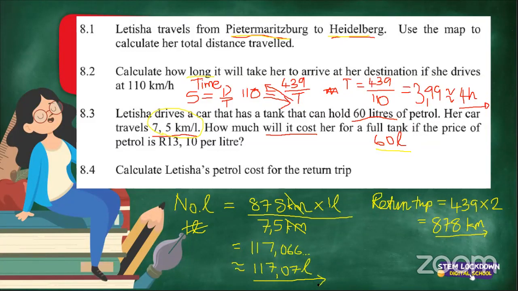This is the last portion, and then we're done for today. Let me give you a few more seconds. Tell me in the chat how much she will pay for 117.07 liters. We're now looking at cost.